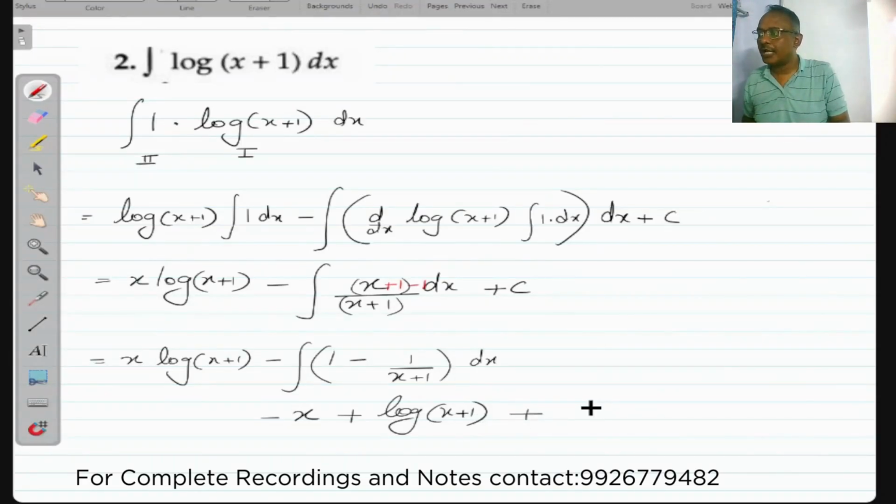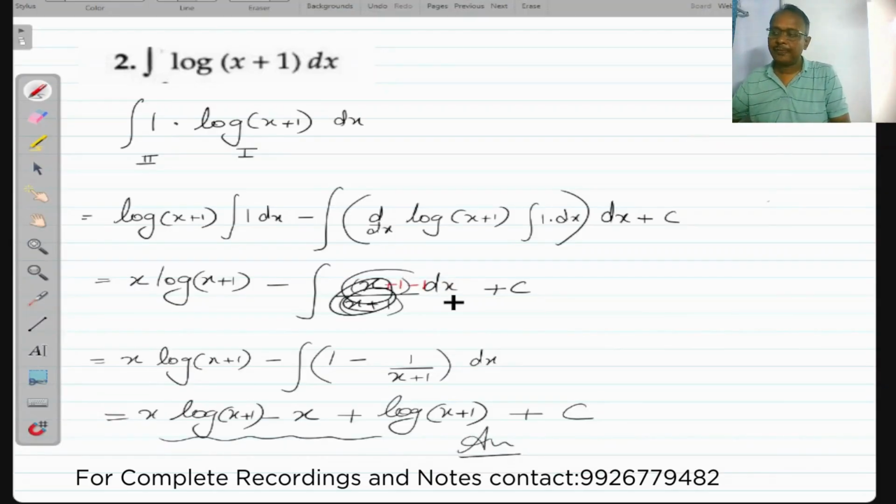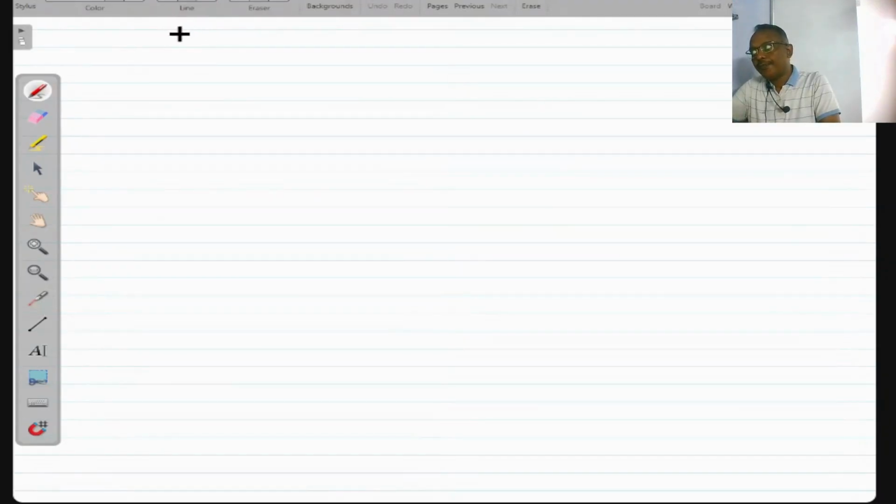I added plus 1 minus 1 in x upon x plus 1 so that x plus 1 upon x plus 1 becomes 1, and 1 upon x plus 1 came. Integral of 1 is x, negative into negative is positive. Integral of 1 by x plus 1 will be log x plus 1. That's the answer. This is a new form.